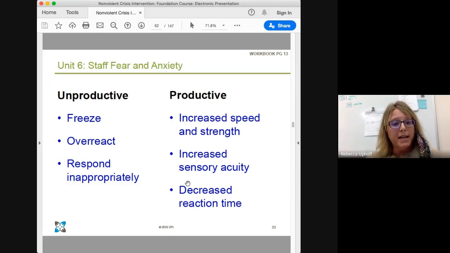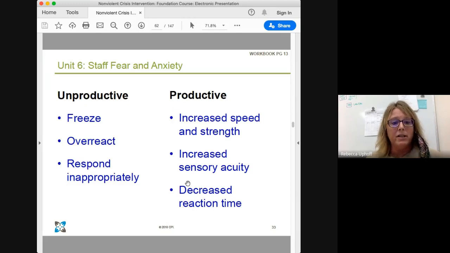So staff fear and anxiety, we've got the unproductive, which is that freeze, overreact, and respond inappropriately. And more productively, we can increase our speed and strength. I like to think of that as kind of that Superman model, if we're going to take some superhero reminders here. Increase sensory acuity, that would be that Spider-Man.